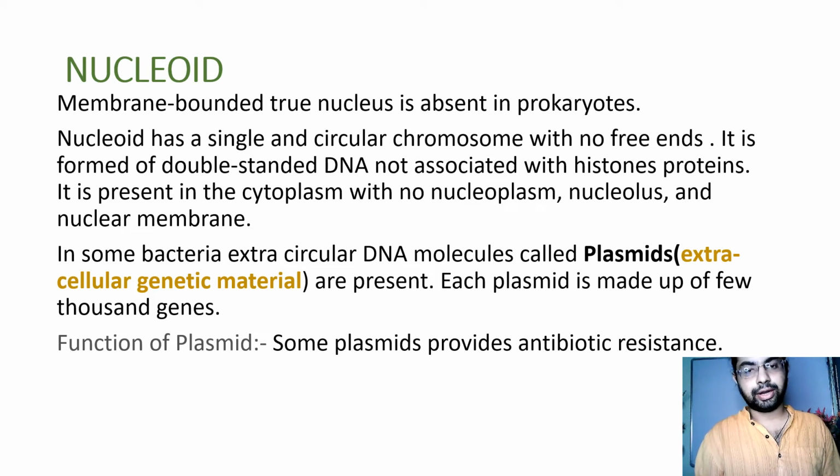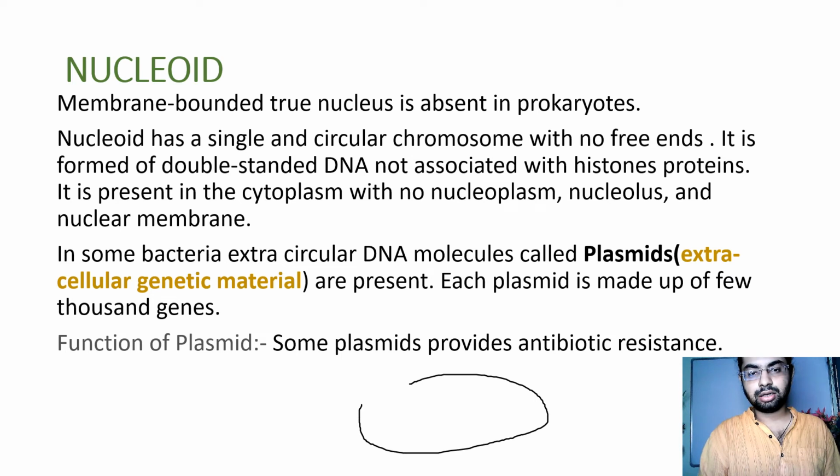Now nucleoid. If this is a cell, let's take it as a human cell. A human cell is not prokaryotic, it is eukaryotic, that is a new type of advanced cell. So what is nucleoid? A membrane bound true nucleus is absent in prokaryotes.